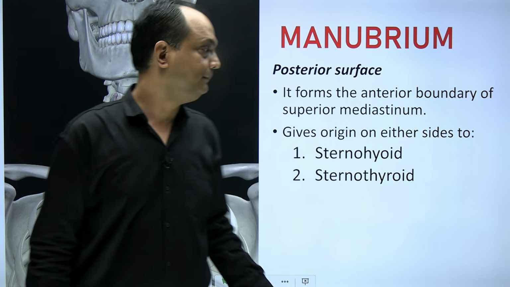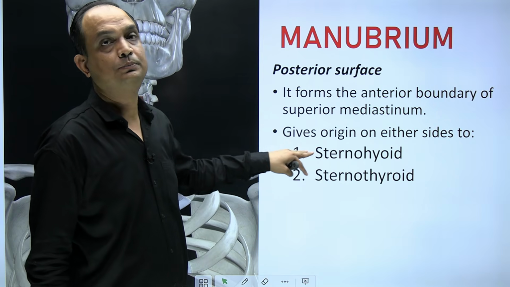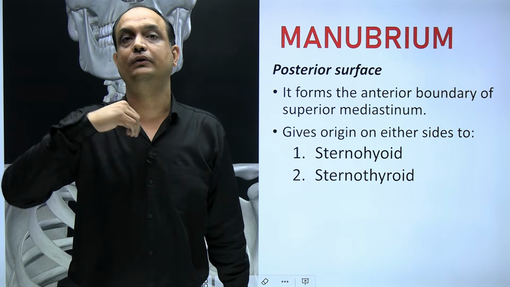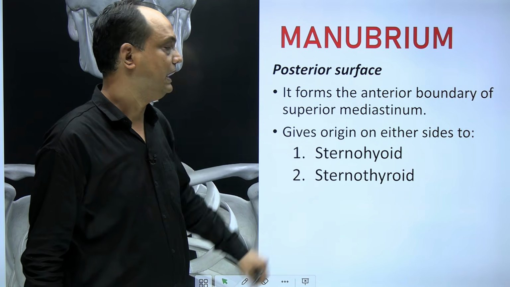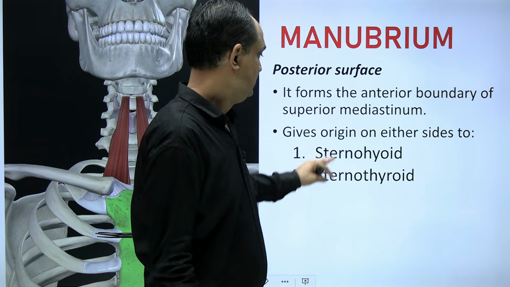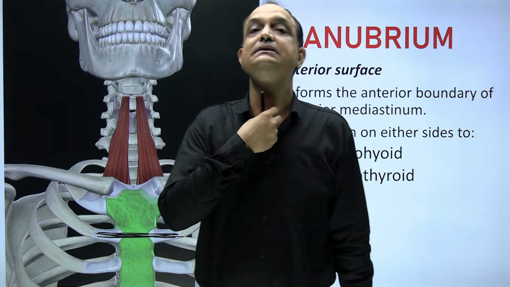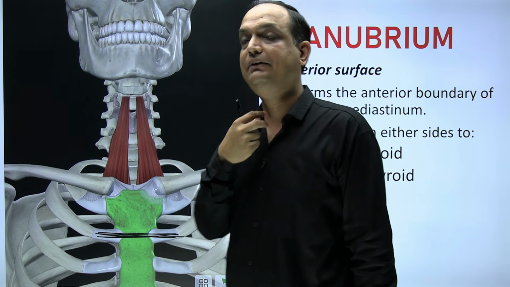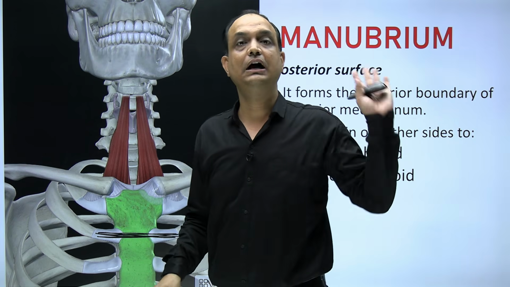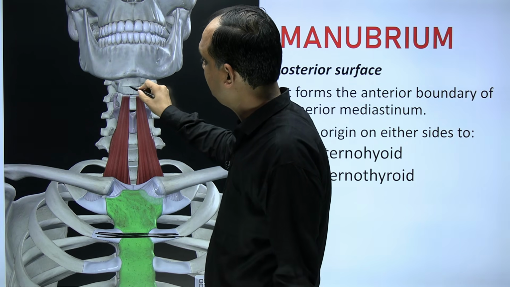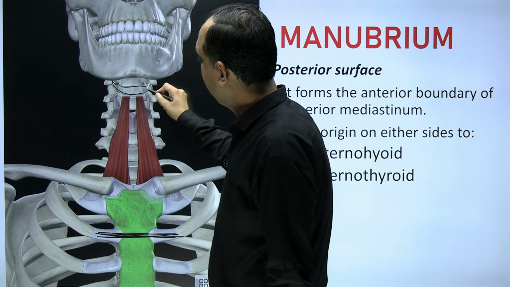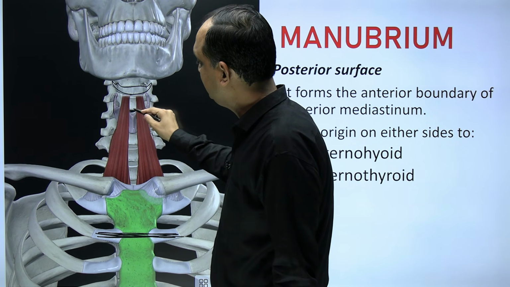Now another important thing is that this posterior side of your manubrium gives rise to the origin of two muscles, sternohyoid and sternothyroid. When you see the strap muscles in your neck, you have muscles like sternohyoid and sternothyroid. Now in this image you can see that this is your hyoid bone, and below the hyoid bone this is your thyroid cartilage.